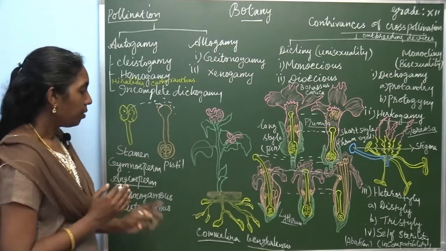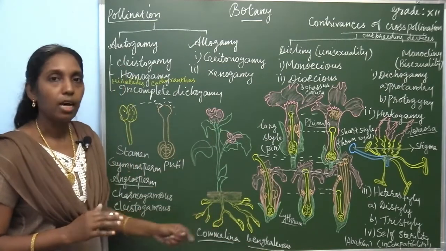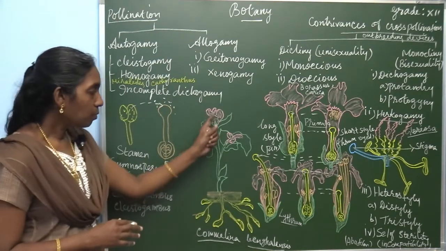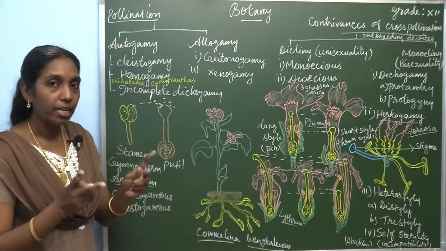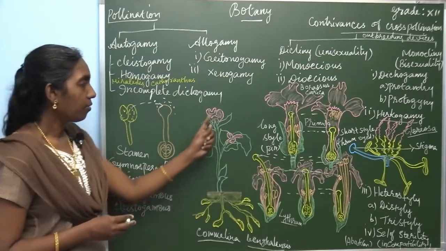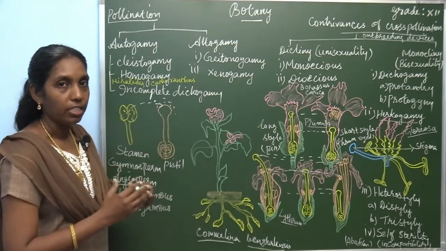Let's see one example, Commelina bengalensis. This plant produces two different kinds of flower. These flowers are called chasmogamous flowers. The floral parts are exposed out for pollination.